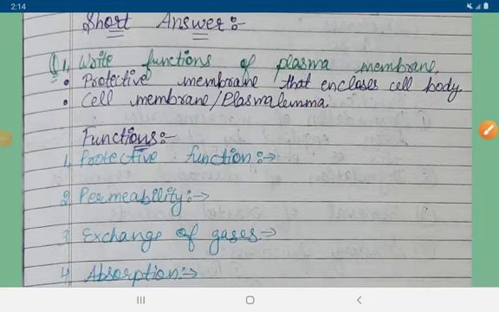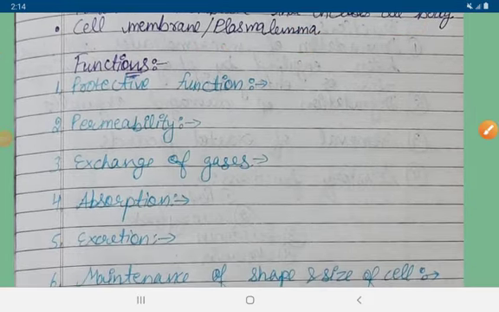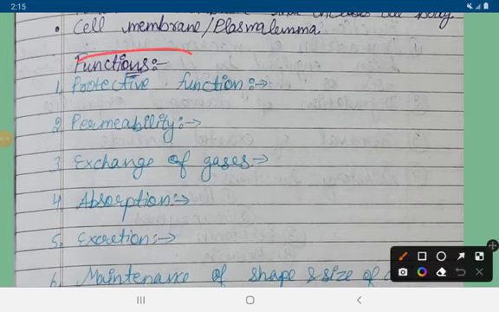So the functions of plasma membrane: firstly, there is protective function. The cell membrane protects the cell organelles like mitochondria, vacuoles, lysosomes, endoplasmic reticulum, nucleus, and the cytoplasm from external substances by forming a mechanical barrier.